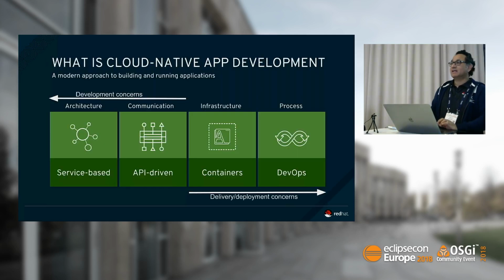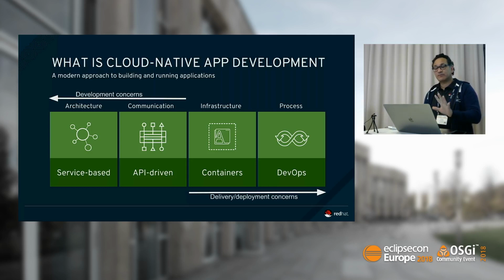So what is cloud native app dev? It's a modern approach to building and running applications that exploit the cloud computing model, and it is based on these 4 key tenets. For architecture, you have a service-based architecture, you have API-driven communication, you use containers for infrastructure, and for process you use DevOps.